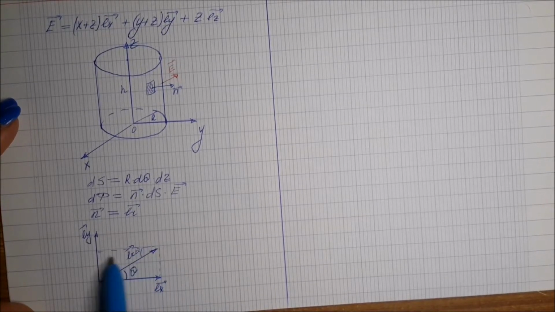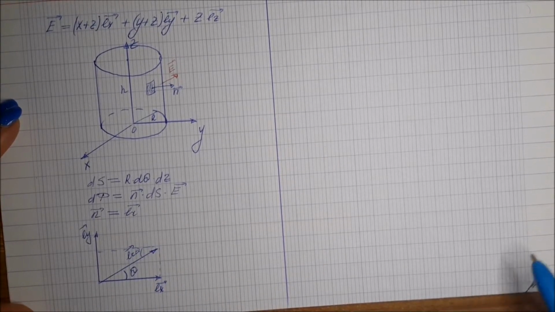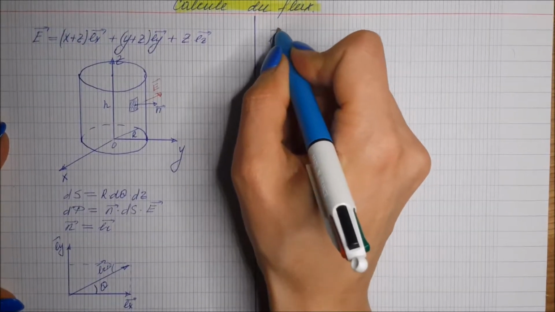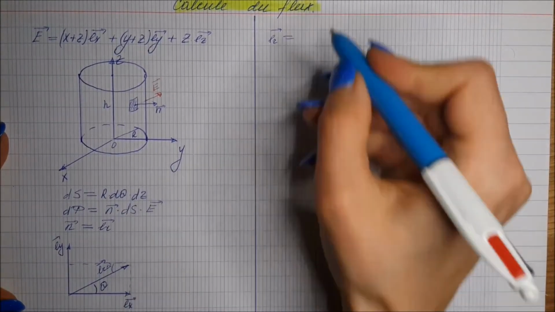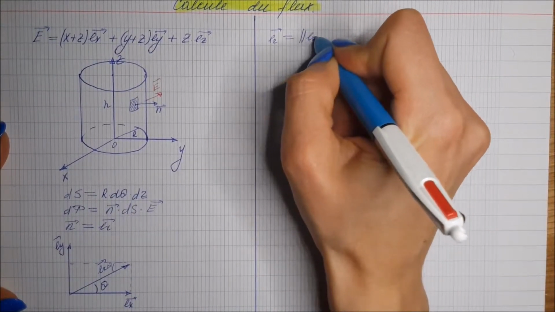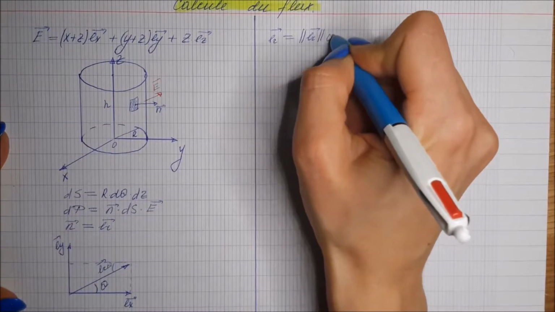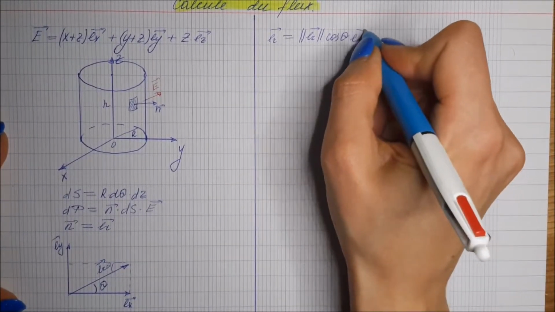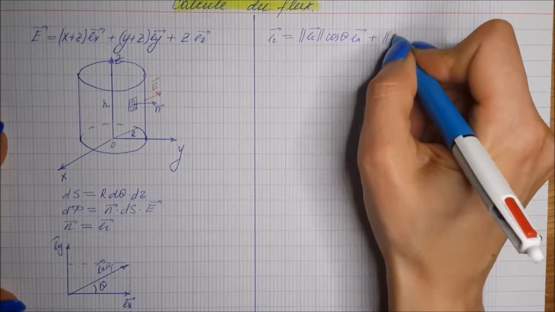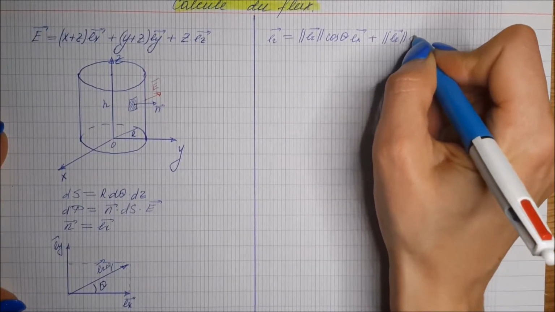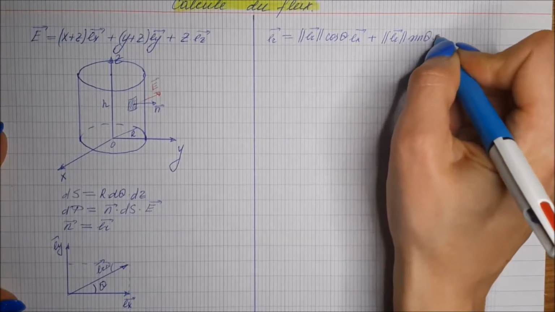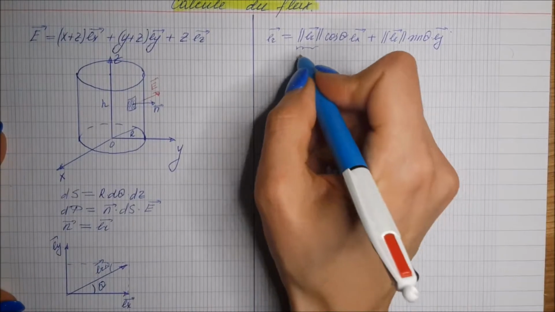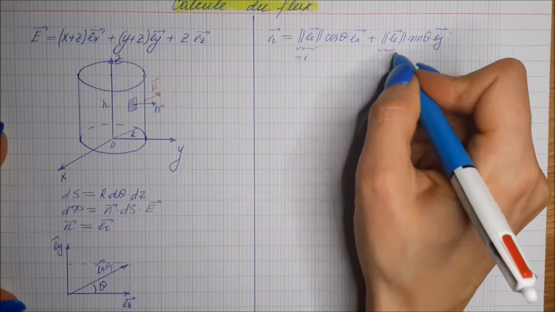So theta angle also here, and two projections: ER equals the magnitude of ER, it's a unit vector so the magnitude is 1, times cosine theta times EX plus the magnitude of ER times sine theta times EY.